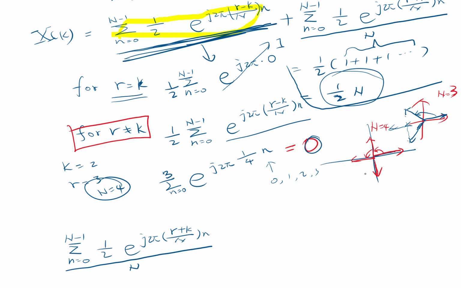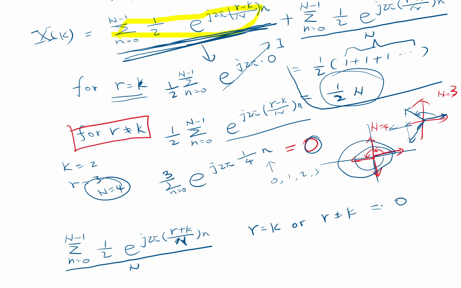You are just doing a different spinning circle. There is just multiple spinning, but it's all being divided by n, so it will cancel each other. So this whole thing, no matter whether r equal to k or r not equal to k, is equal to 0.